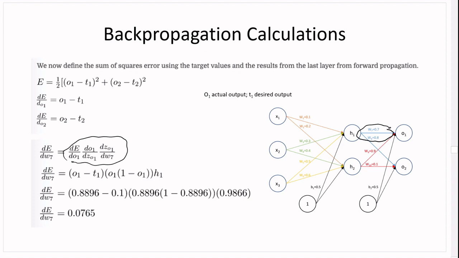This is nothing but the delta of the generalized delta rule, if you remember. So that's really what it is. And once you plug in the numbers, you will find that dE/dW7 is 0.0765. So this part of the weight change in the output layer is pretty similar to what we have seen earlier for the sigmoidal neuron.